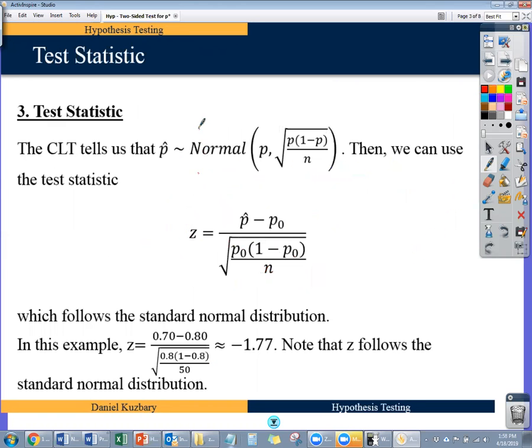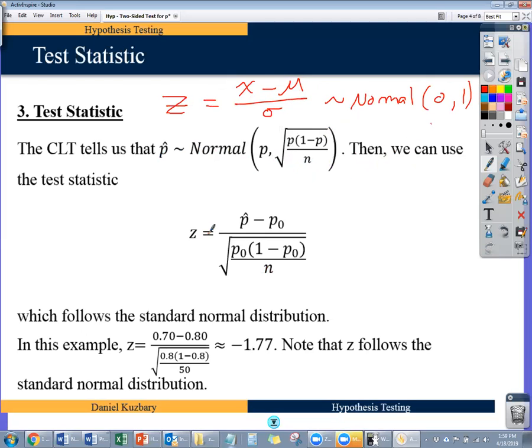So for the population proportion, the best estimate we have for it is the sample proportion, which is p hat. And the central limit theorem tells us that p hat has a normal distribution with mean p and a standard deviation of this thing. We've seen this before with the central limit theorem. If we use the z-score formula, where you take a normally distributed thing, subtract its mean, and divide by its standard deviation, you get something that is normal 0, 1, or standard normal.